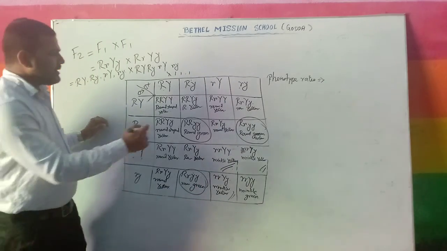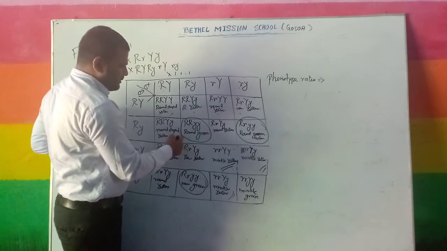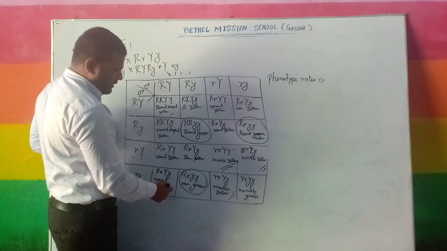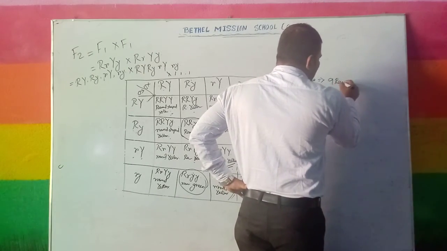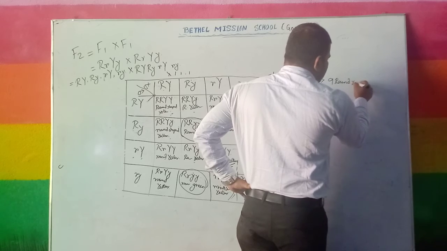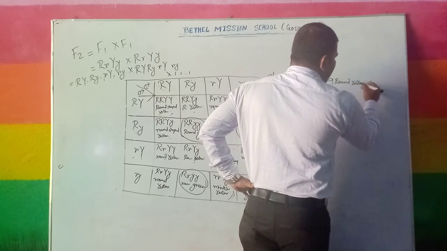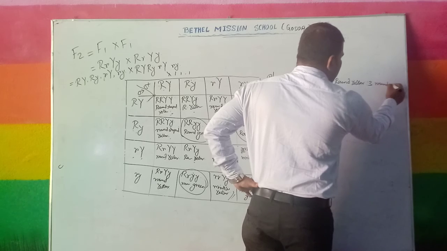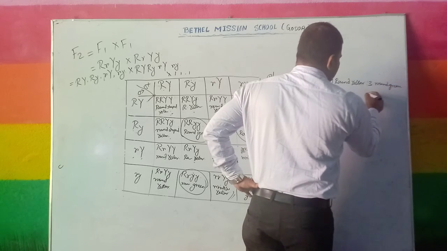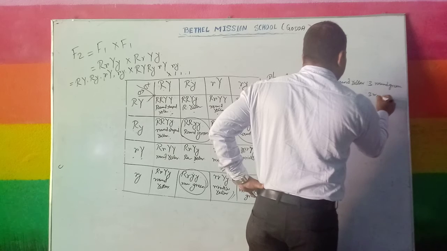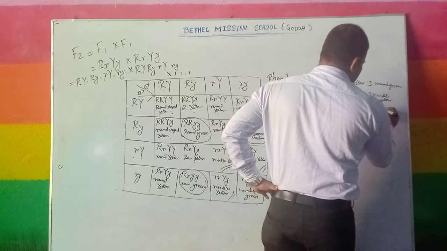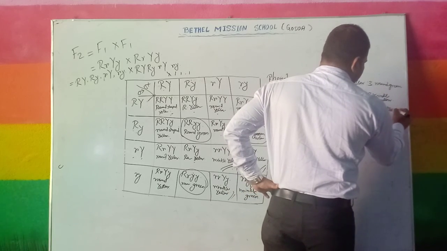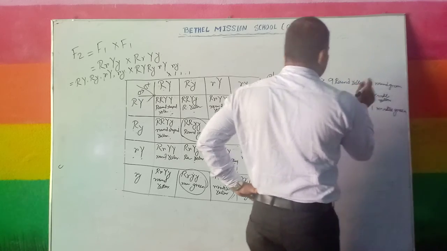The first one, round yellow: having 9 round shaped yellow colored seeds, 3 round shaped green colored seeds, 3 wrinkle-shaped yellow colored seeds and 1 wrinkle green. These are the 16 seeds.